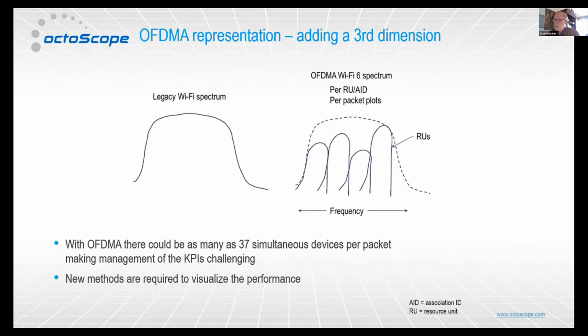So let's just remind ourselves the diagram on the left is the legacy Wi-Fi spectrum. Single user, one user at a time. The diagram on the right depicts OFDMA, where we have multiple users in the same packet, and it very quickly becomes apparent that we need new methods to visualize its performance.